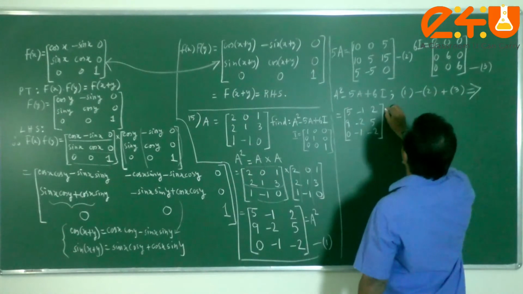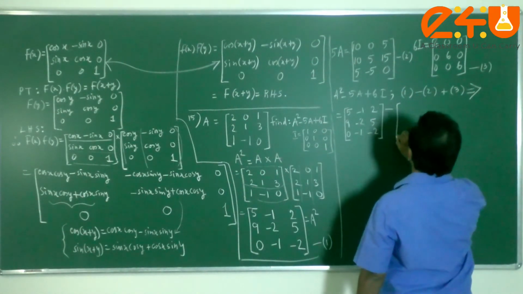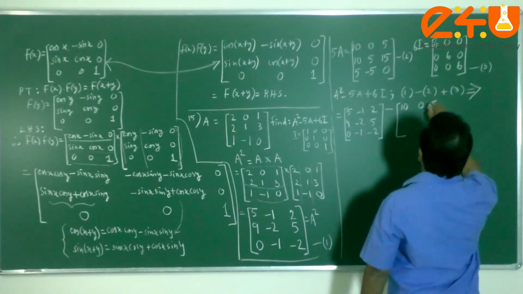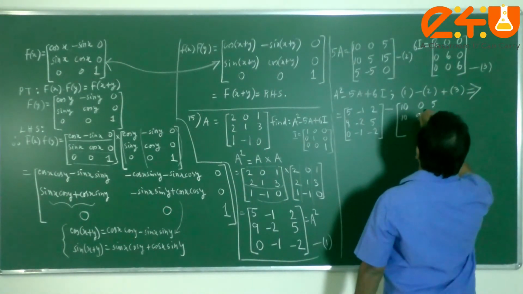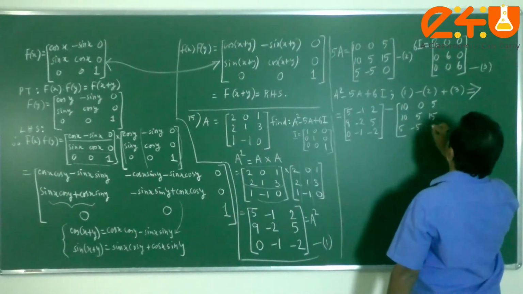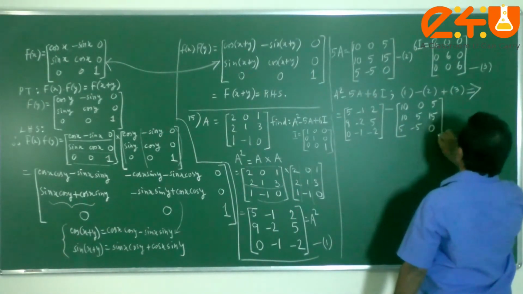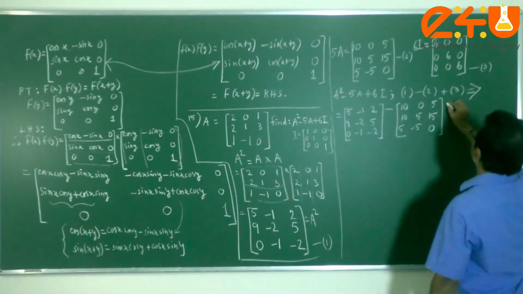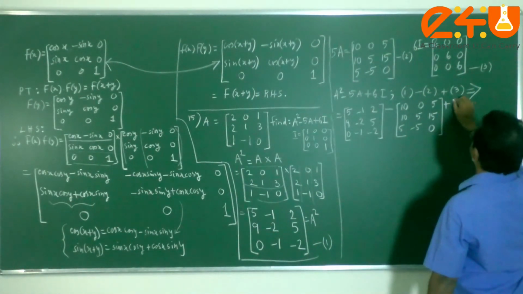Then subtract 5A, the result is already there, that is 10, 0, 5 in row 1, 10, 5 and 15 in second row, 5, minus 5 and 0 in third row. You are going to add 6I.